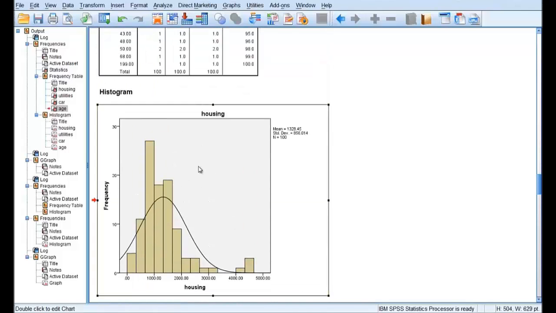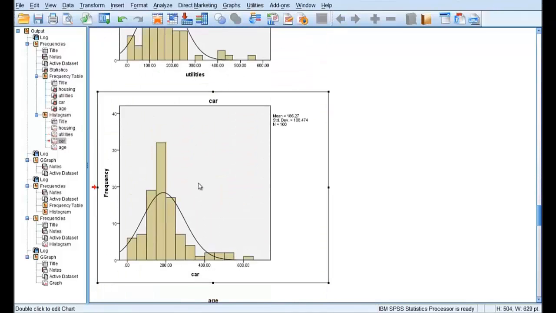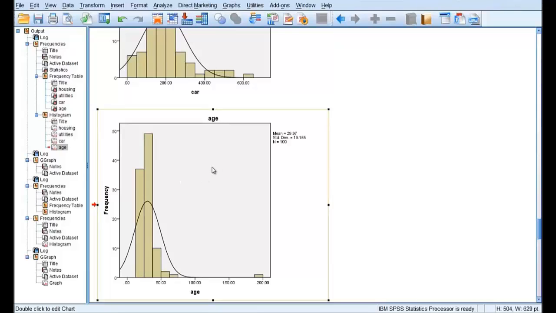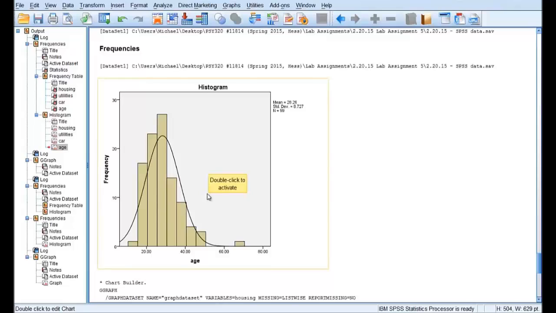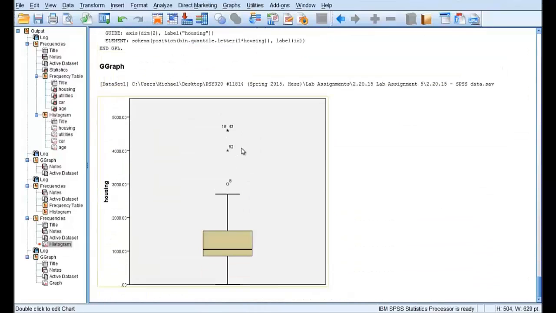And I also want you to copy 1, 2, 3, and 4 histograms that we got. Actually, there's one more histogram. This was a 5th histogram I want you to copy. This was the one where we removed the 199-year-old. And finally, I want you to copy and paste the box plot that we got. These are all going to be considered for your lab grade.